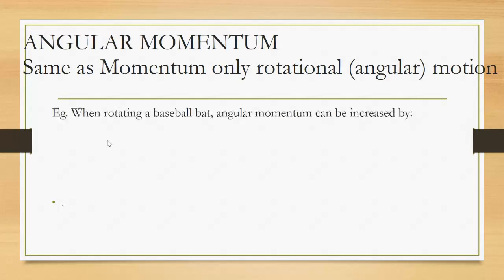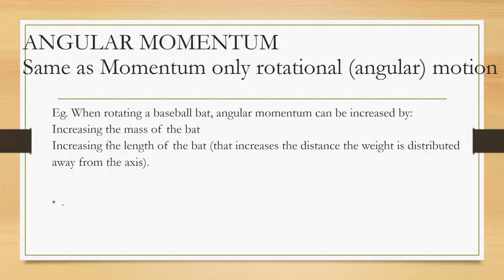Okay, so when rotating a baseball bat, angular momentum can be increased by increasing the mass of the bat. So like inertia, if you remember the concept of inertia, the more mass it has, the more inertia it has. Likewise, the more mass that a bat has, the more inertia it's going to have, the more momentum it's going to have.